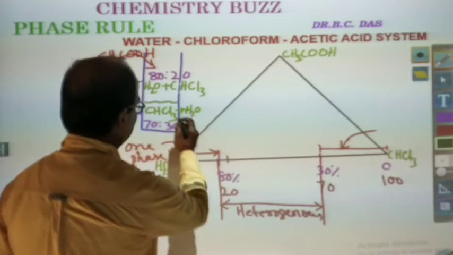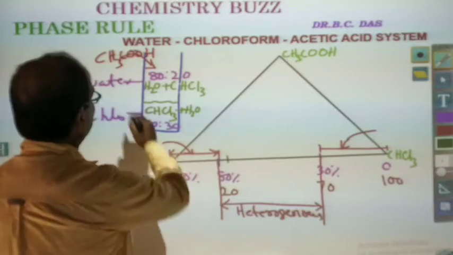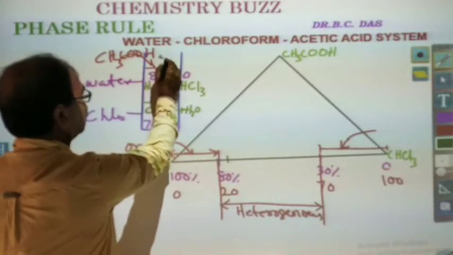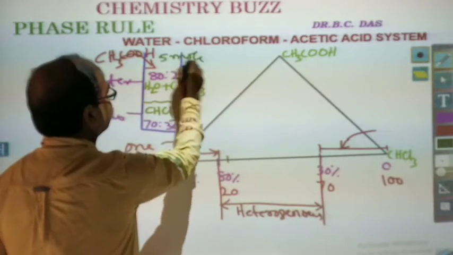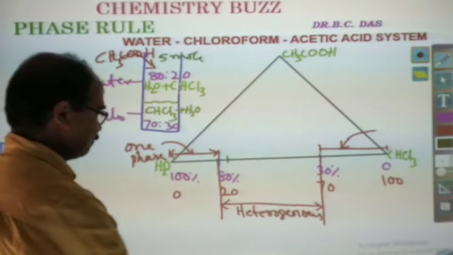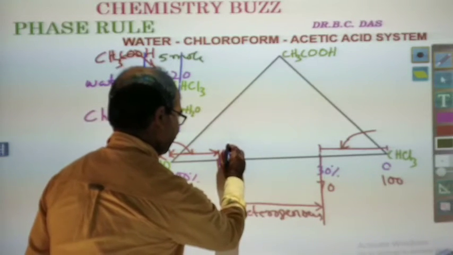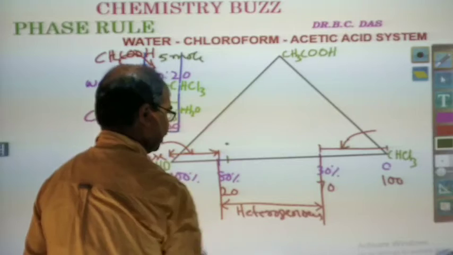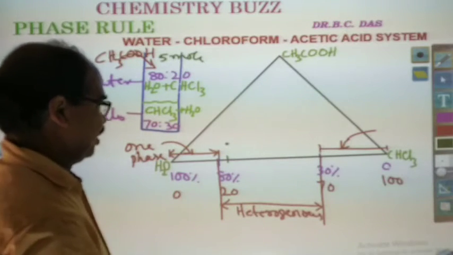At this composition, the two layers are there. So when we add 5 mole acetic acid to it, then this will become soluble. This will become miscible.